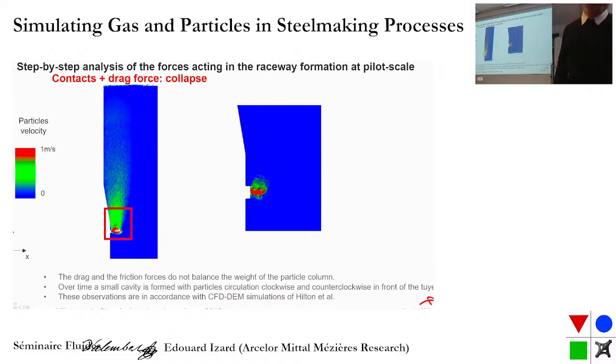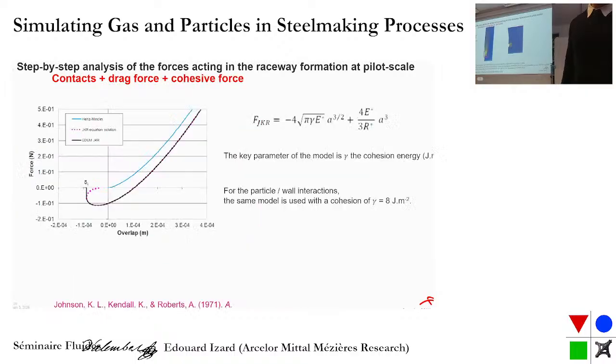So what we did, in fact, to try to reproduce the experiment is to add a cohesion force. Here in the blue curve, you see the contact force we have applied in the model, the force as a function of the overlap. And we switch from the Hertz-Mindlin contact model to a cohesion model.